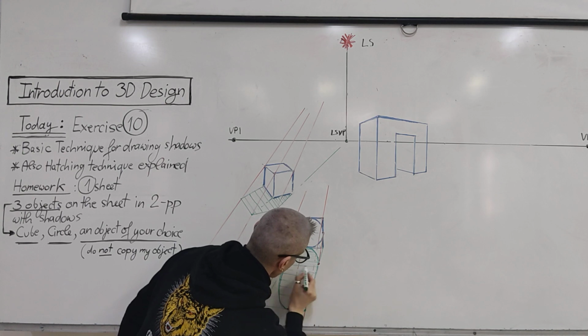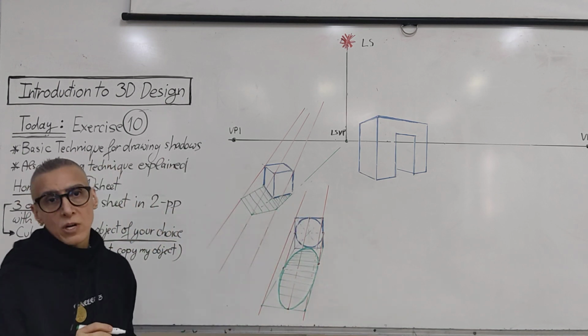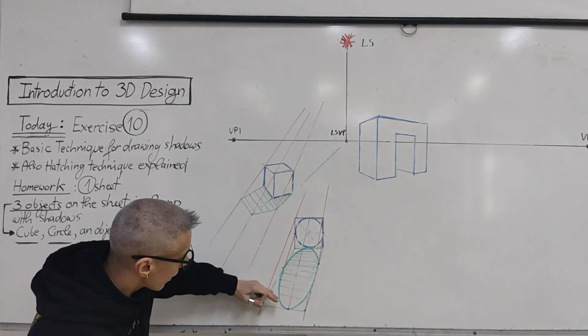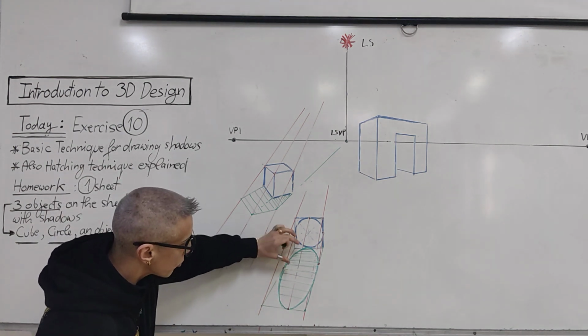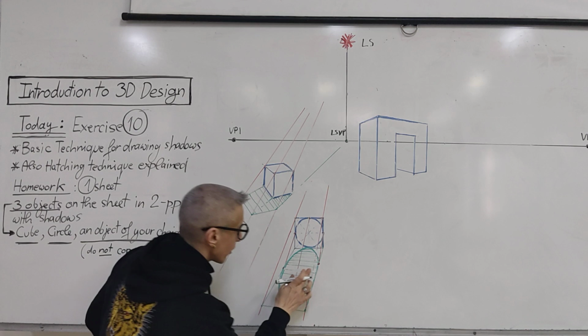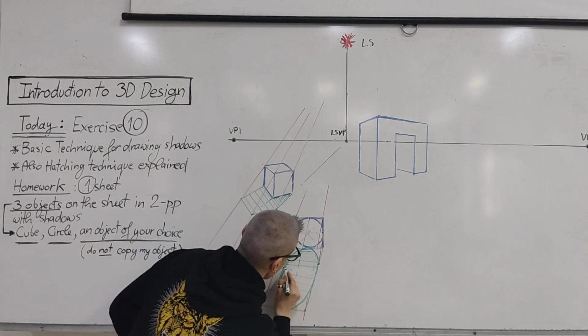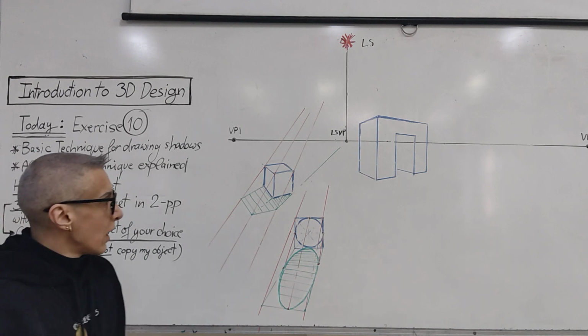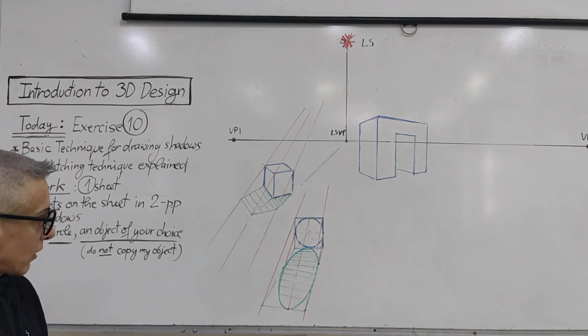So these shadows, you draw them with ruler, not freehand, with ruler, okay? And make sure that as these lines get closer to the object, they become closer and closer to each other. As they go away, the space increases between them.